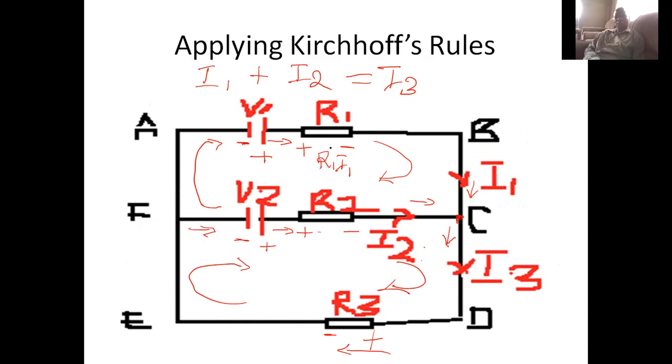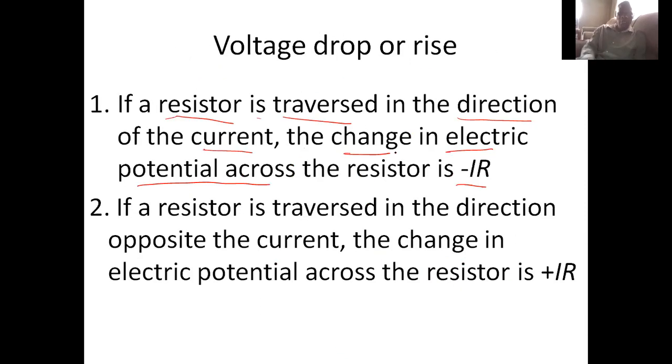This is the flow of current. As we are moving also, so here, this one becomes negative. However, if the resistor is traversed in the direction opposite to the current, the change in electric potential across that resistor will be positive.